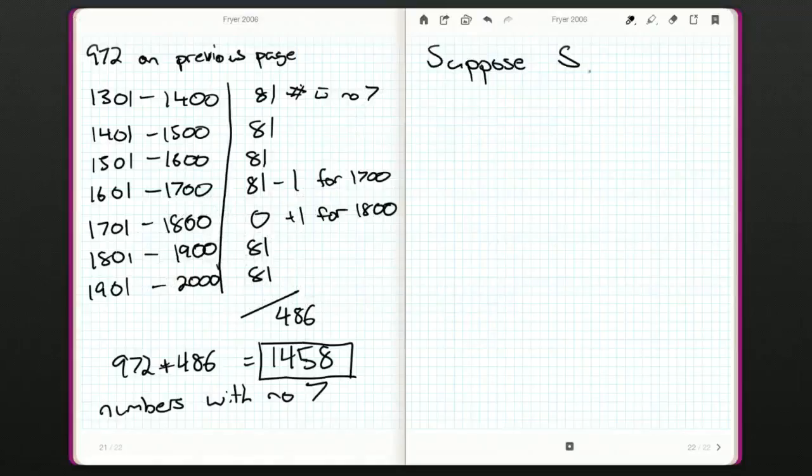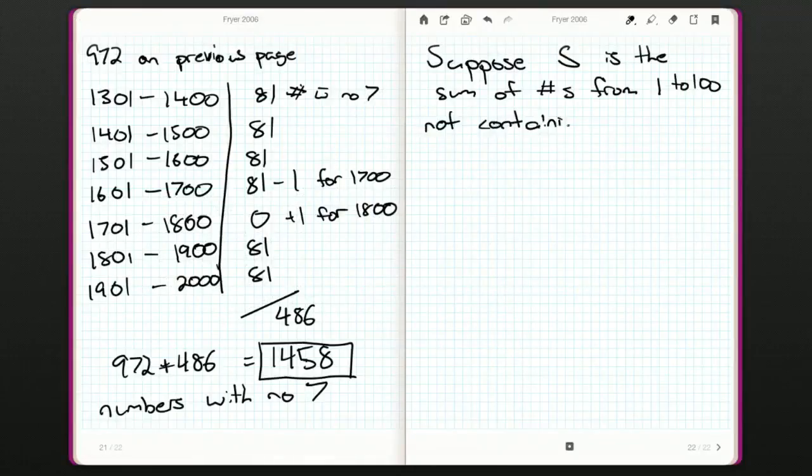So suppose capital S is the sum of numbers from 1 to 100 not containing a 7.